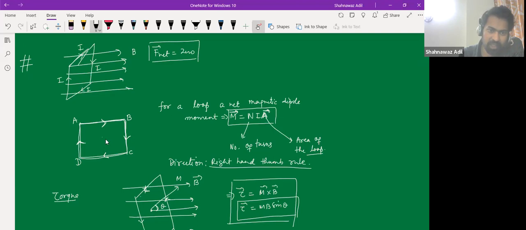So for this case, if we curl, so these would be inputs. So that is magnetic dipole. So it's the same as magnetic field. So magnetic dipole moment direction for this loop.